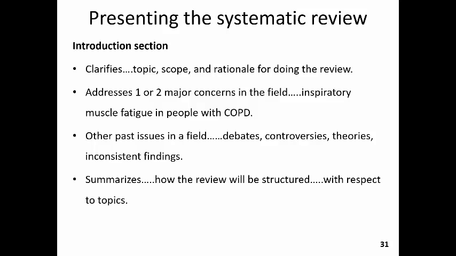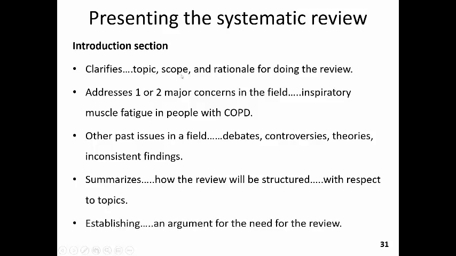The introductory section will also summarize how the research inside the review will be structured, and that deals with respect to the individual topics, and that's tied back to the scope of establishing the systematic review to begin with.